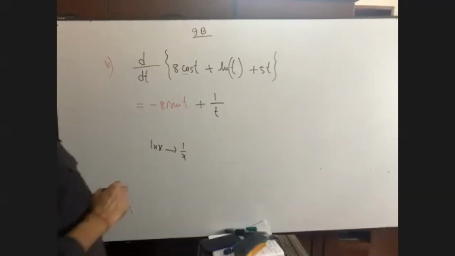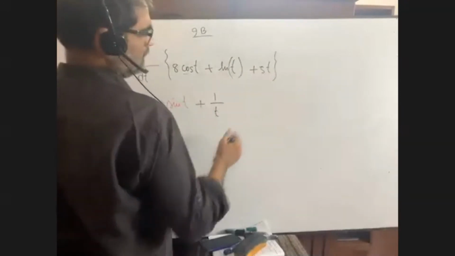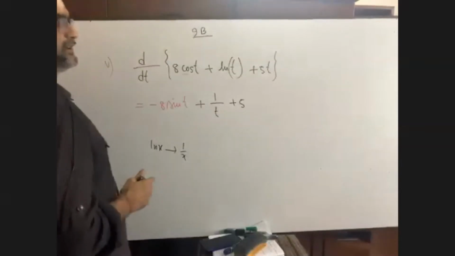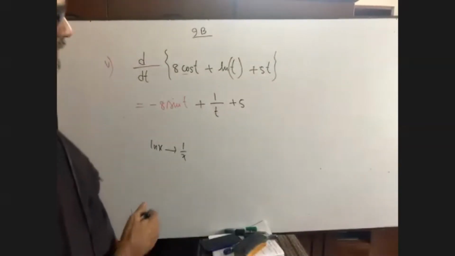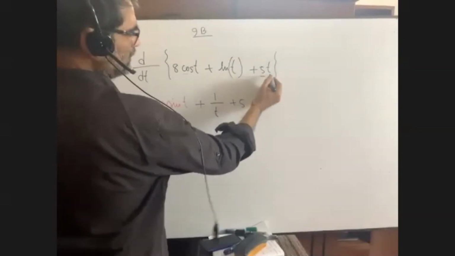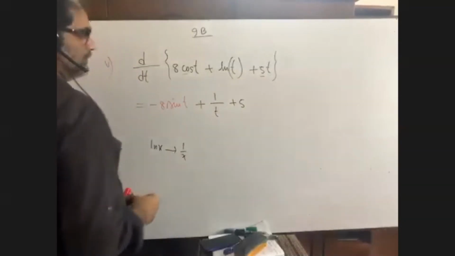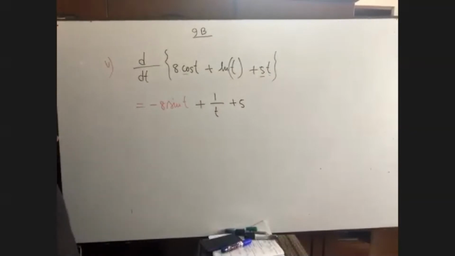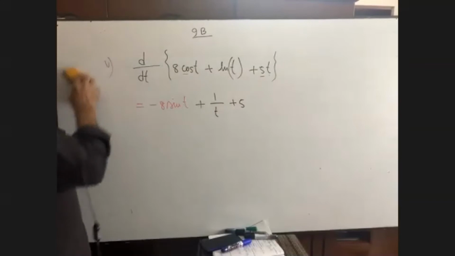Okay. Now it is 5t. Only 5, because the differentiation of t is equal to 1. It is a coefficient and it is 1. So 5 into 1 equals 5. Have you got my point? Yes, sir. Okay.